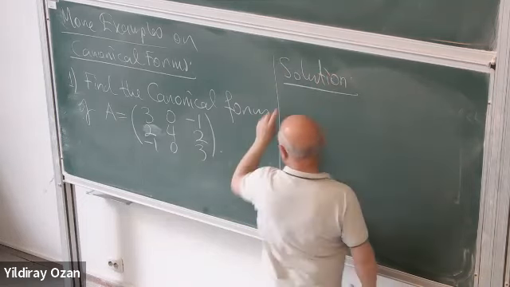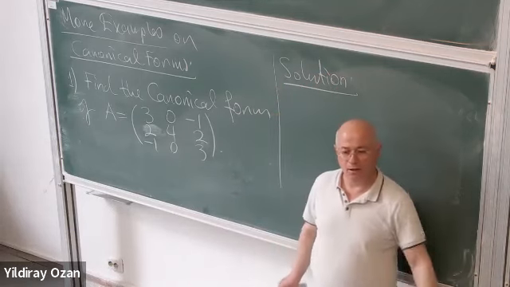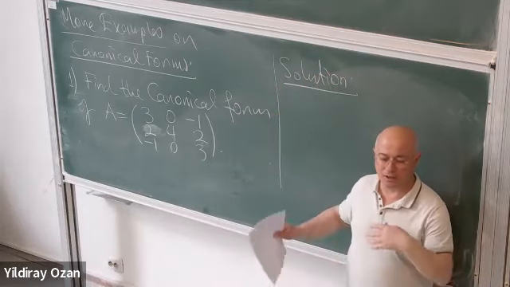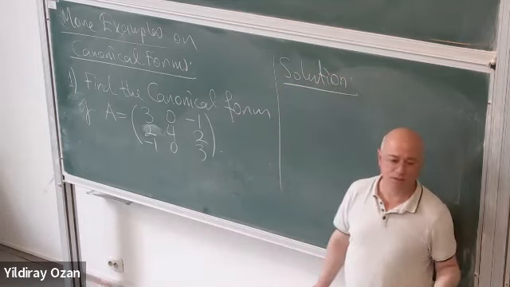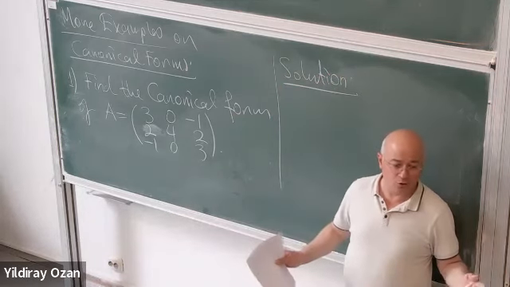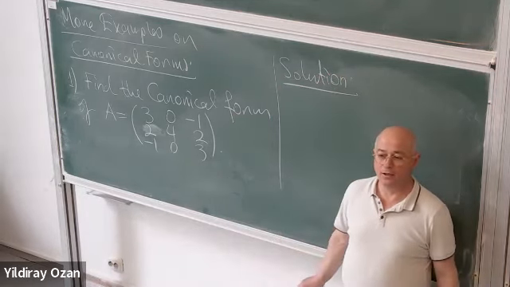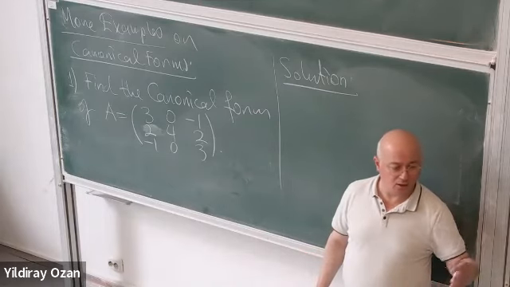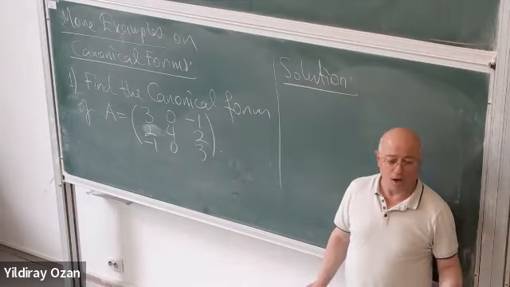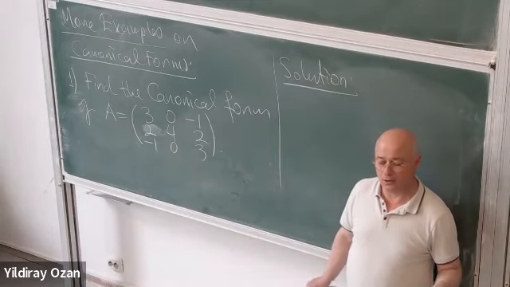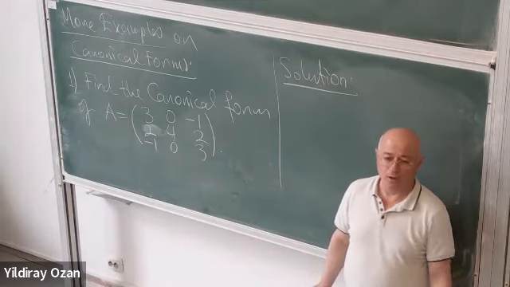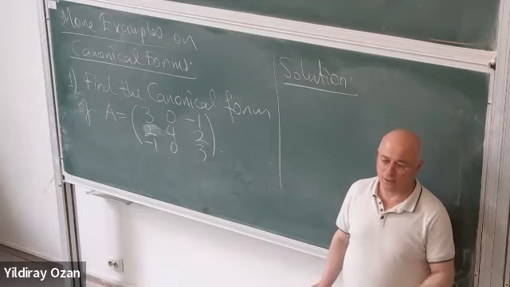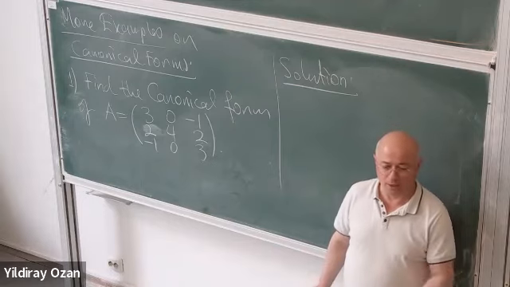Well, since it is 3 by 3, you can just directly compute the characteristic polynomial, find the roots, and then if the roots exist, then you know that it has a Jordan form. Otherwise, it doesn't have a Jordan form. Then it has a rational form. I didn't talk about that.